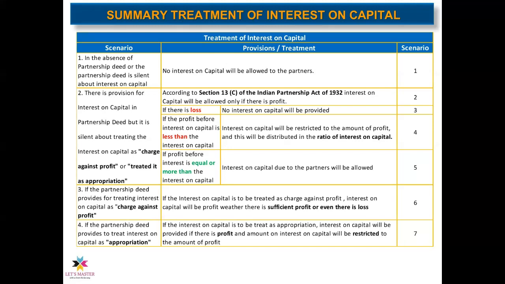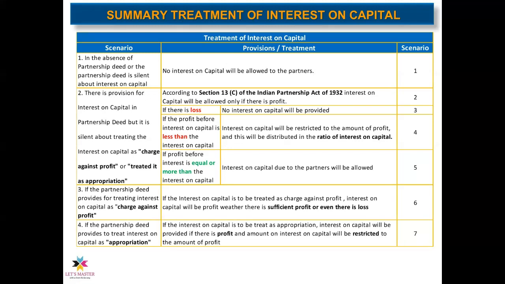The next scenario is if the profit before interest is equal to or more than the interest on capital, then full interest on capital would be provided. For example, the interest on capital to be provided to all the partners amounts to rupees 12,000 and the profit earned by the firm is rupees 15,000. In this case, the entire 12,000 of interest on the partners' capital would be provided to the partners.